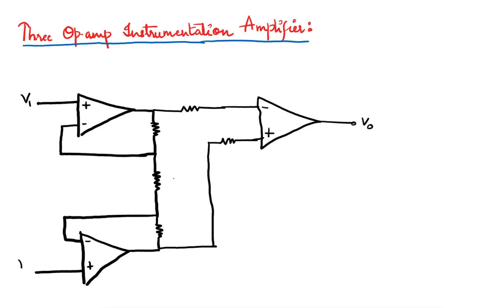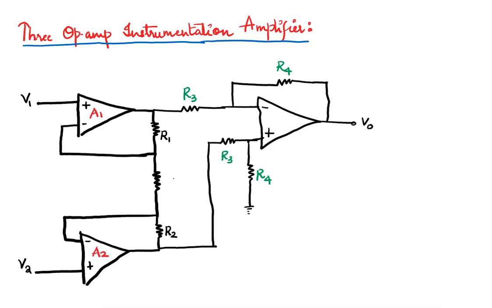To begin with, we will start labeling the input voltages V1 and V2 and the resistances R1 and R2, R3 and resistance R4. The variable resistance will be denoted as RG. So we have totally three op-amps.